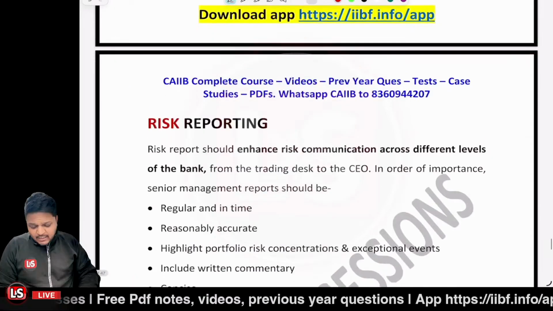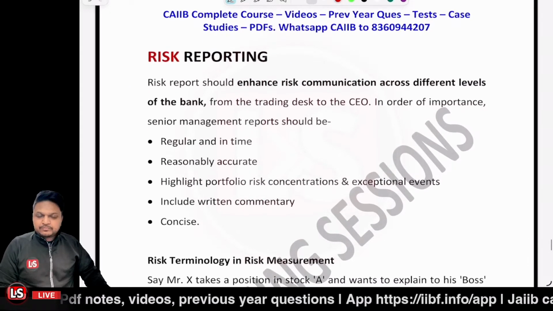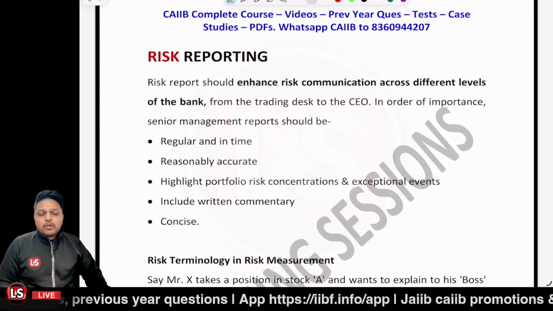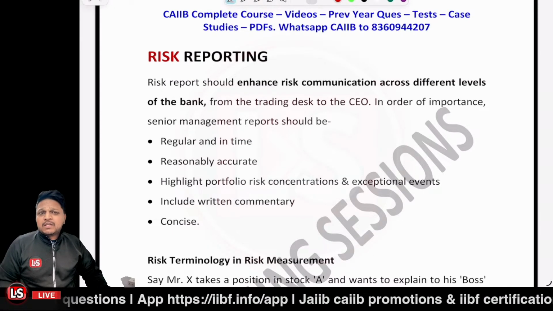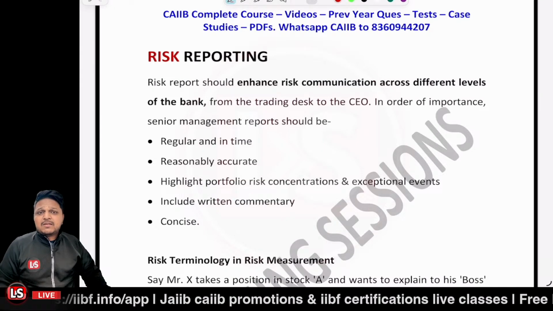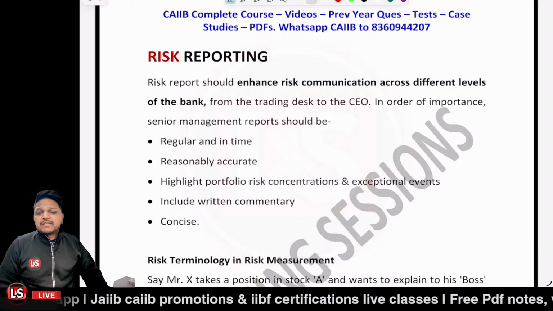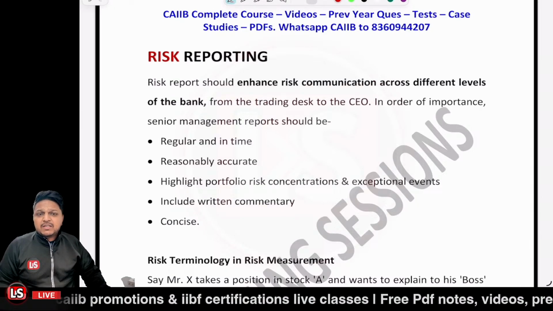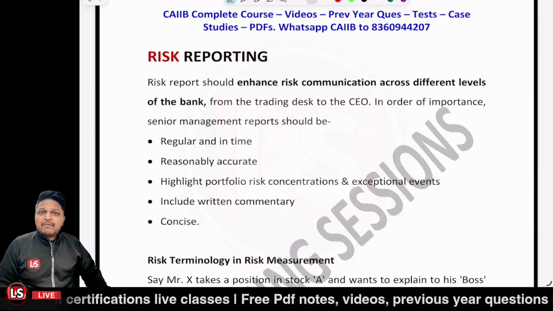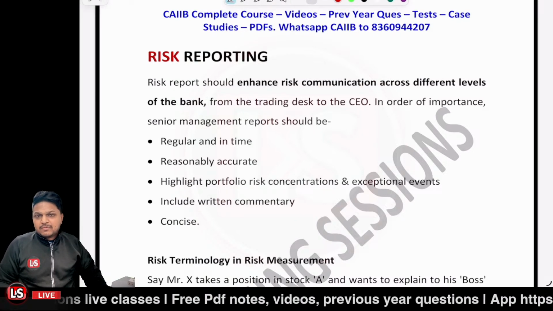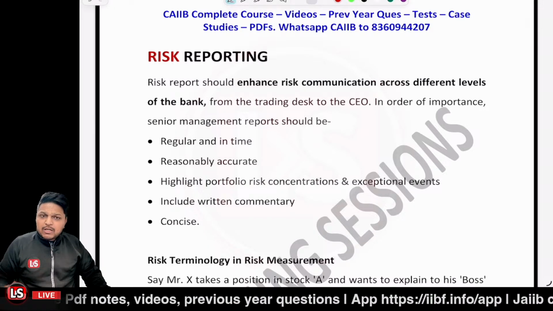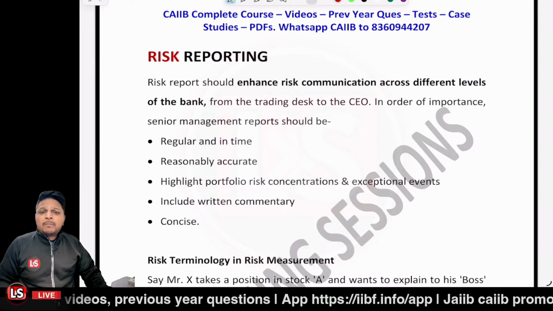After that, it's related to risk reporting. If you want to manage the risk, you should be reporting the risk. There should be a proper communication system across the different tiers, across the different levels of the hierarchy, so the risk information can travel from one point to another, either from top level to bottom level, or from bottom level to top level.